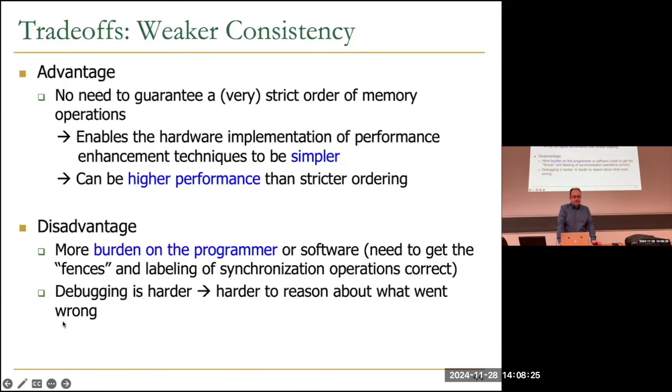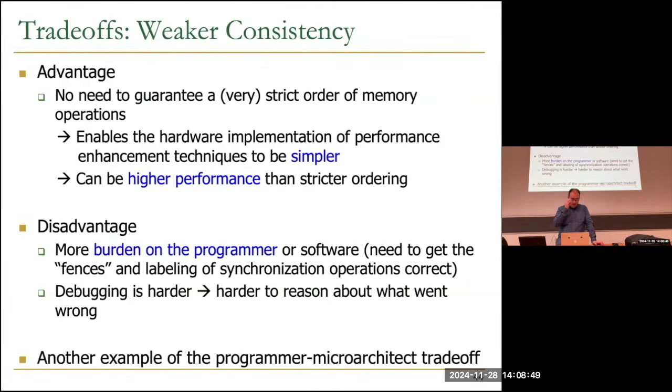But despite all these issues for the programmer, over the years people realized that we need to make the programmer's life a bit harder in order to provide this consistency model, because sequential consistency is just too strict and adds a lot of overhead to the architecture. And it's also another example of a programmer-microarchitecture trade-off that we've seen a lot in this course.